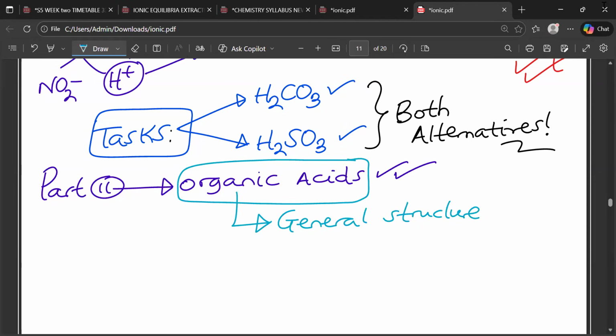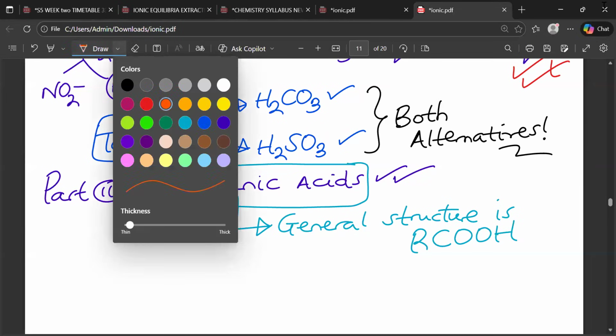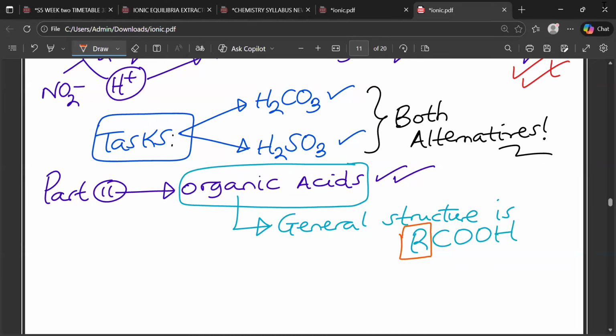the general structure of those organic acids is, you realized it was like this. And I remember telling you that this R can be a lot of things. They can decide to make it what? H. It can be any alkyl group, you know them.